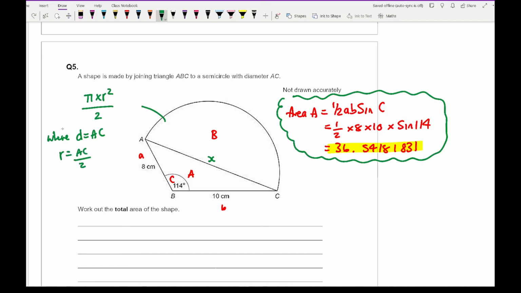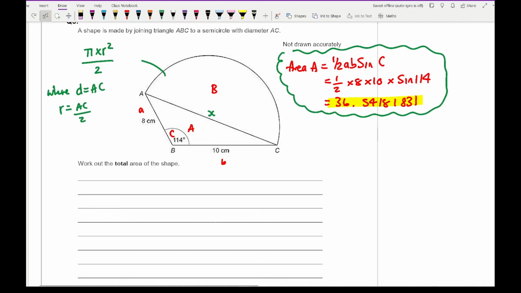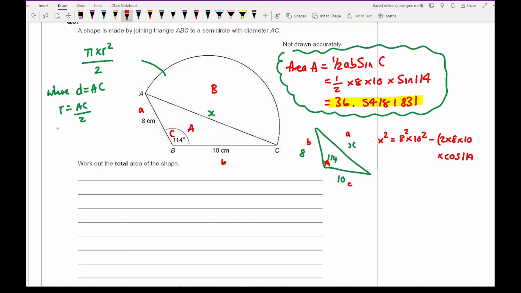To find AC, I need to look at this triangle as a whole. If I do a little sketch of the triangle, I've got 8, 10, x, and 114. To work out x, I need to use the cosine rule. So this is capital A, this is b, this is c. Here I've got x squared equals 8 squared plus 10 squared, take away 2 times 8 times 10 times cos of 114.